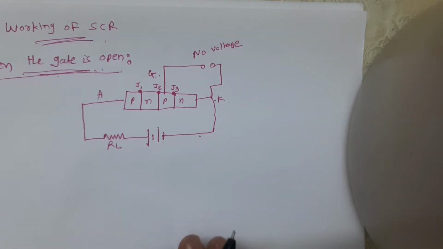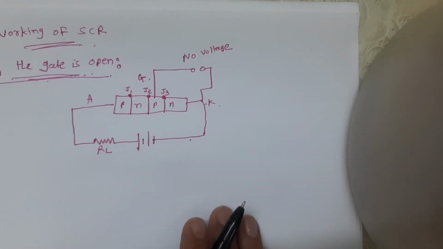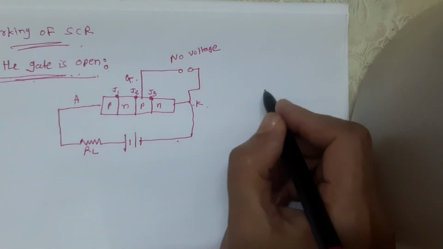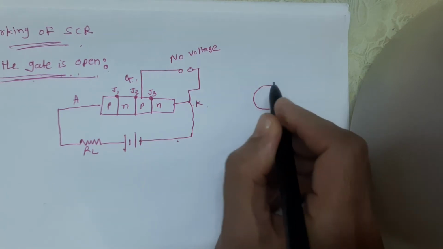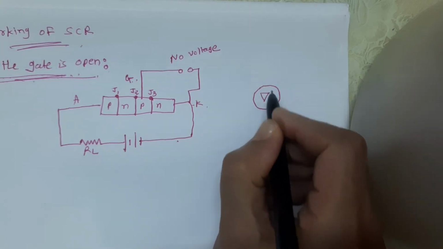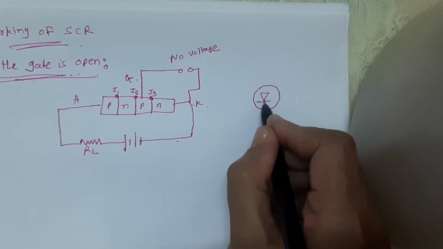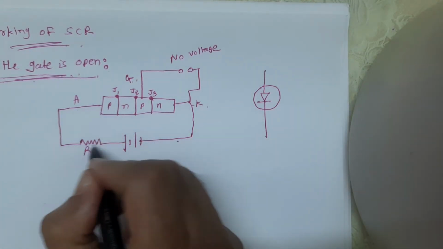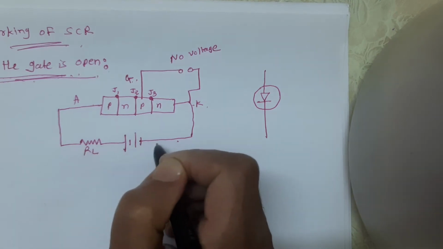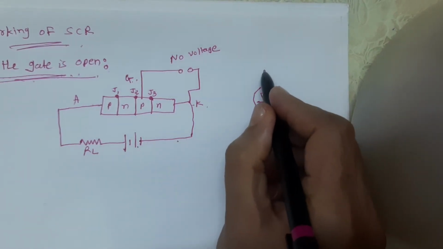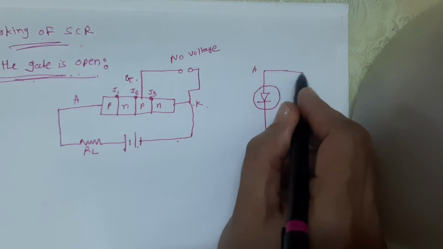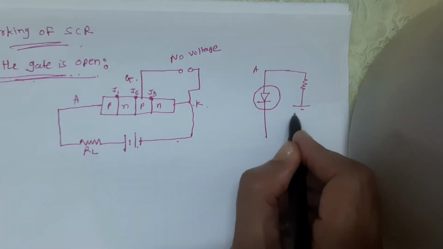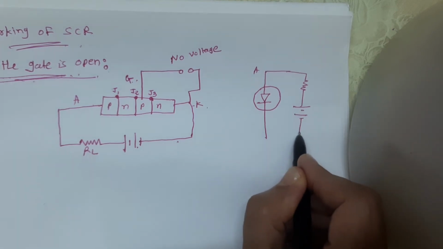In the circuit form, when we discuss the SCR, we use its symbol. In terms of its symbol, it looks like this. This is your anode, connected through RL to positive potential with respect to the cathode.